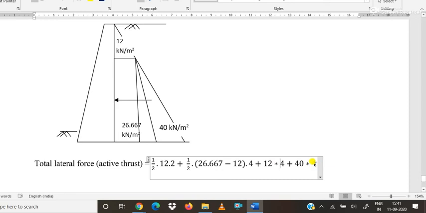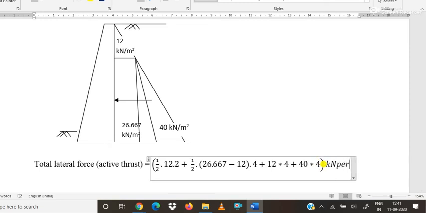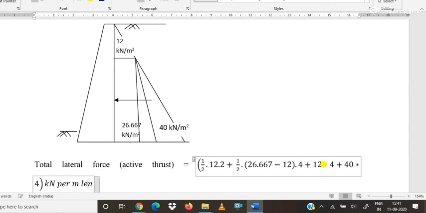and this much kilonewton per meter length of the wall. Can you calculate the total value?